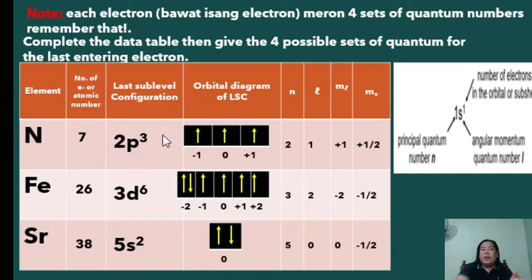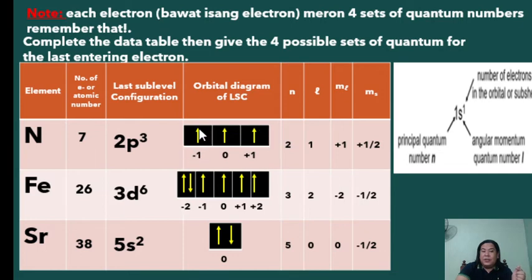And then you're going to represent the orbital diagram of the LSC. Since this is p orbital, kaya meron kayong 3 boxes, d orbital meron kayong 5, and then sa s meron kayong isang box na orbital diagram. So yung 2p3, you're going to distribute that dun sa orbital diagram ninyo ng LSC.